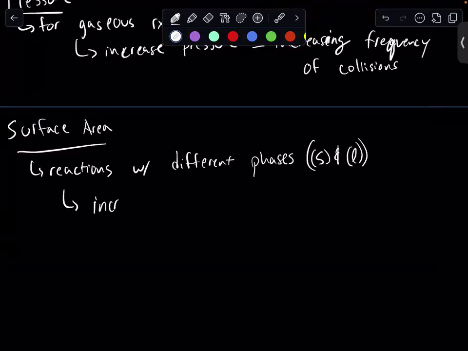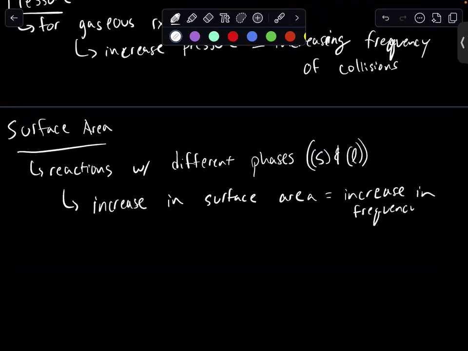And an increase in surface area is equal to an increase in frequency of collisions.